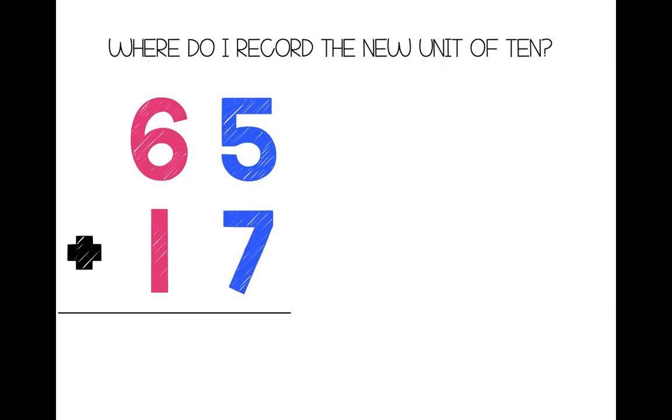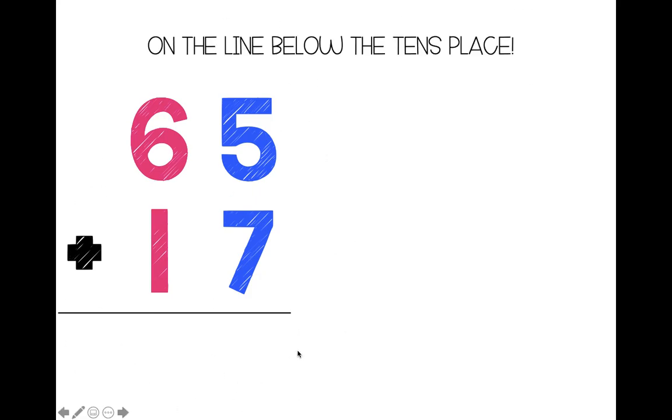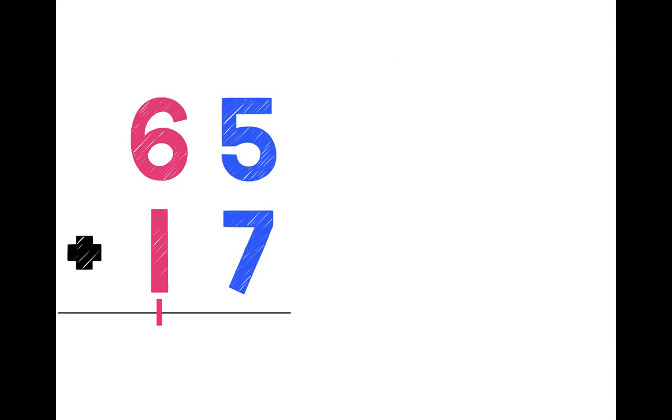Where do we record our new unit of 10 on our vertical form? On the line below the tens place. Go ahead and show on your line in your vertical form that you made a new 10. Remember, it goes on the line underneath our tens place.